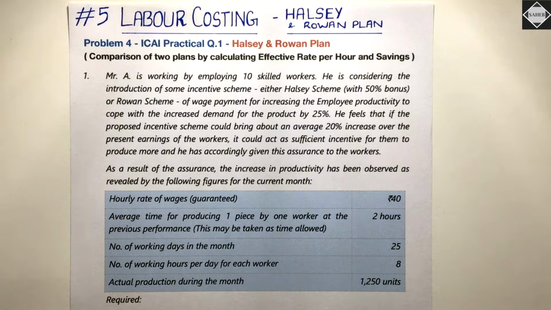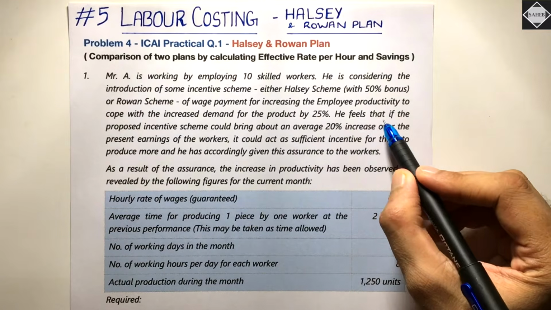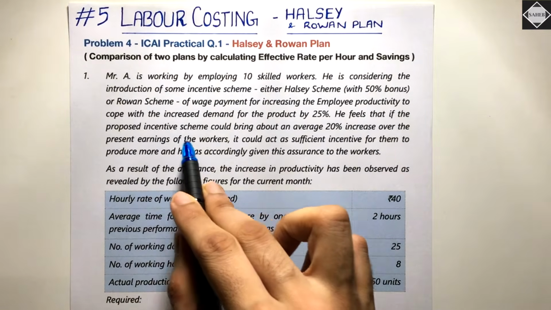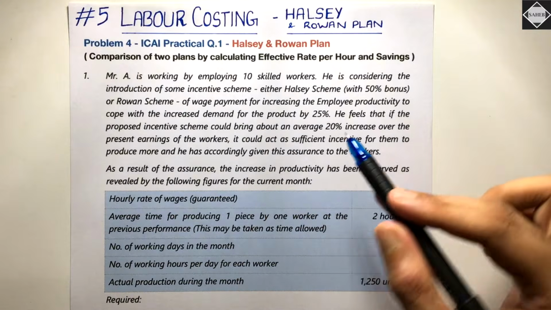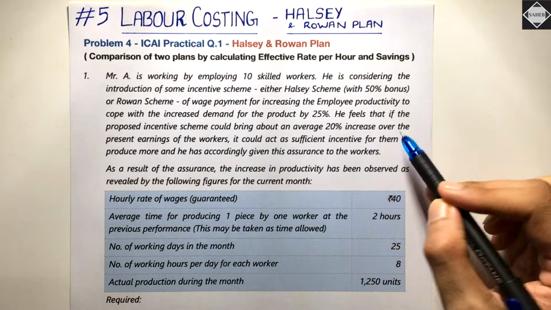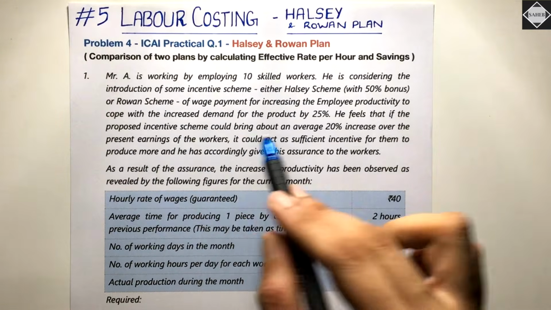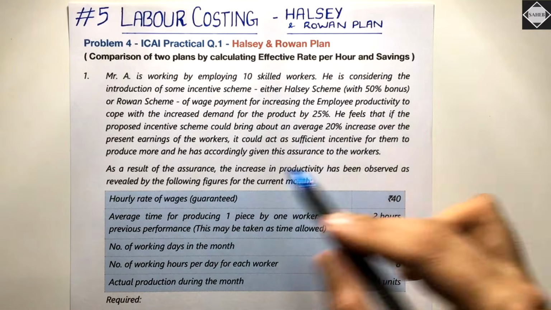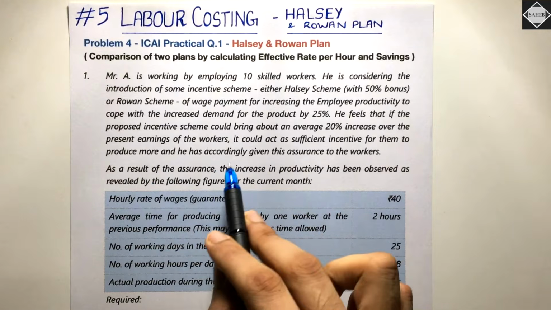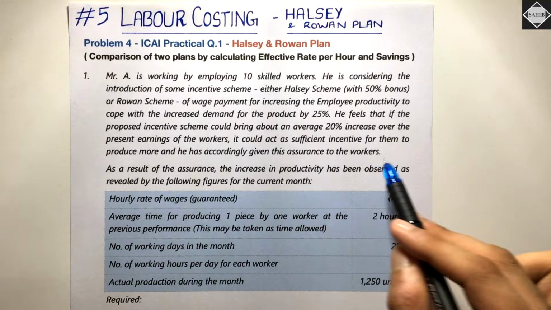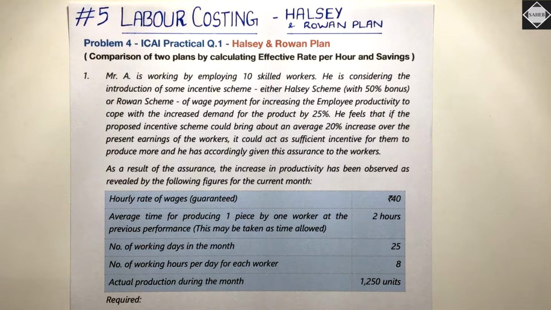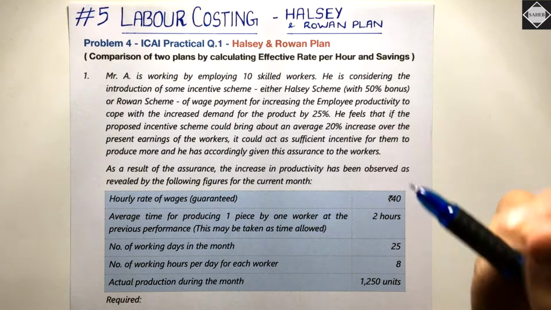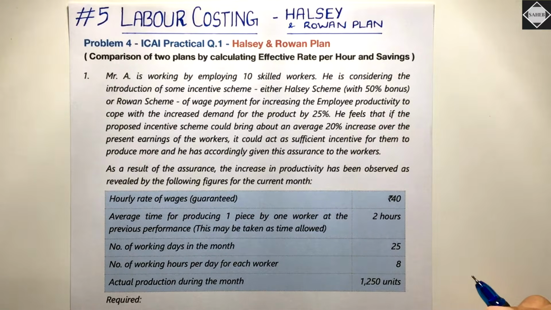Then he feels that if the proposed incentive scheme could bring about an average 20% increase over the present earnings of the workers, it could act as a sufficient incentive for them to produce more, and he has accordingly given this assurance to the workers. So Mr. A has given an assurance to his workers that their earnings will increase by 20%.